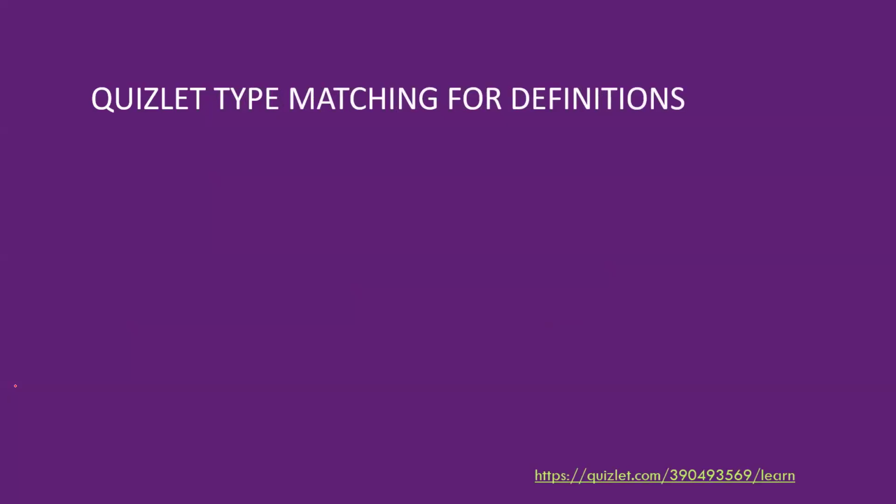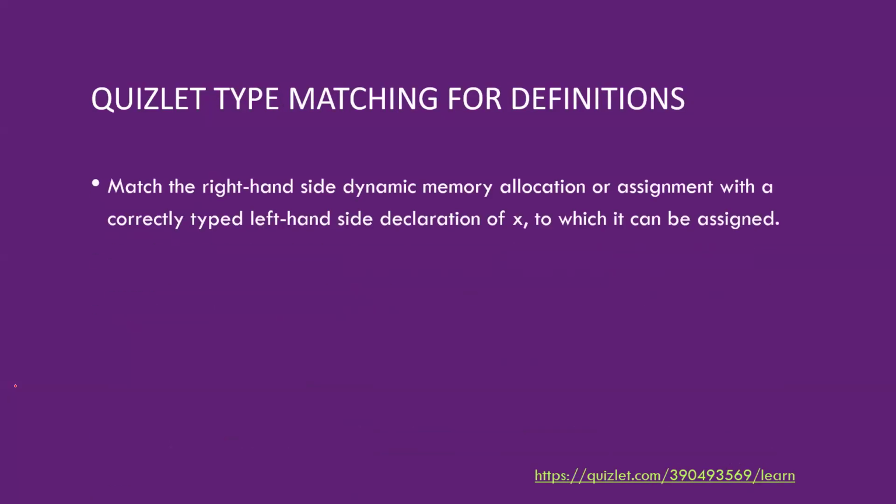Let's take a look at one of the new ones we're adding here. This is a challenge. We say match the right-hand side dynamic memory allocation with a correctly typed left-hand side declaration, right? So if I see this piece of code, I want to say to myself, what does X need to be for this to work?